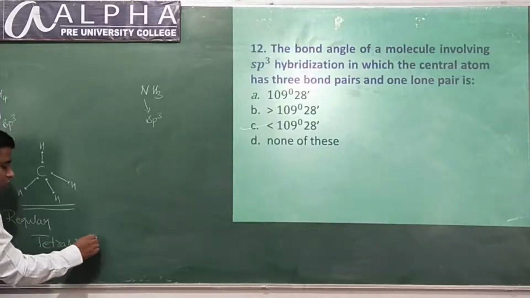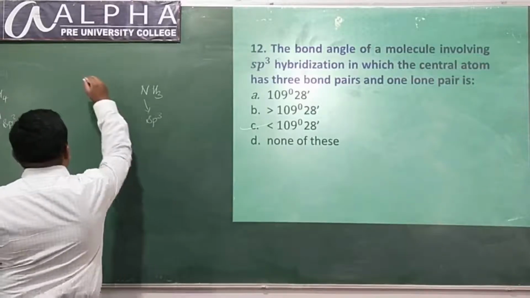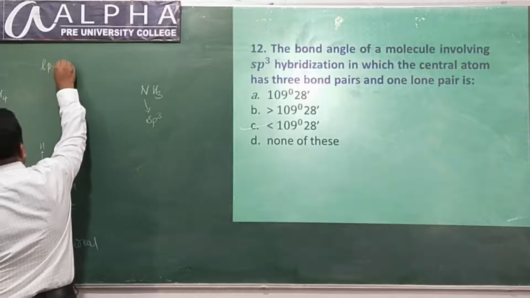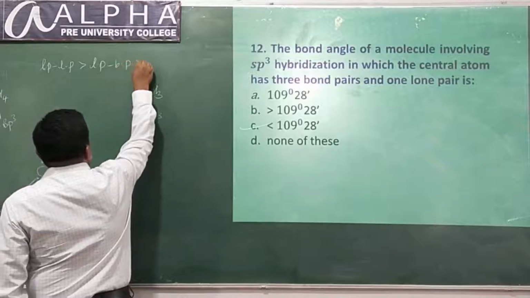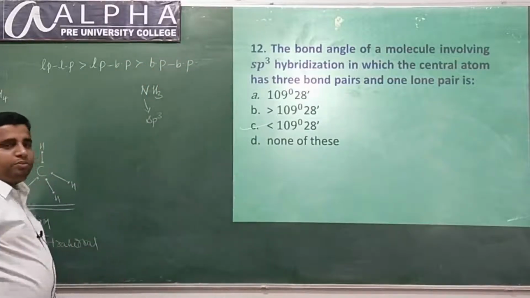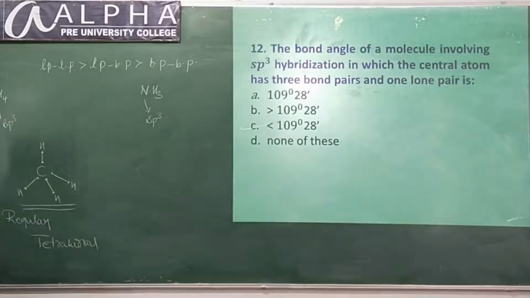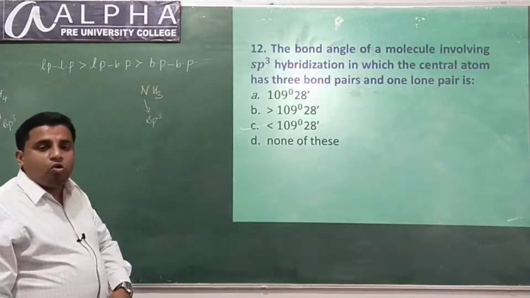According to valence shell electron pair repulsion theory, what is the order of repulsion? Lone pair repels more than lone pair-bond pair, which repels more than bond pair-bond pair.